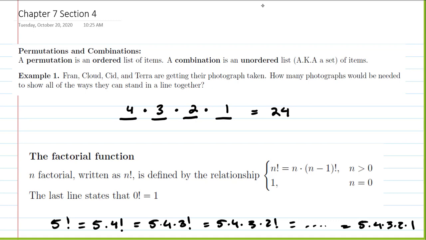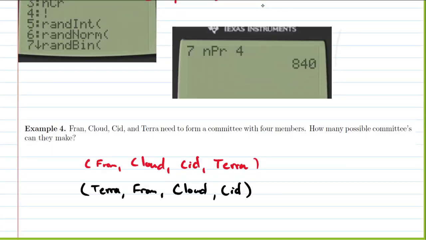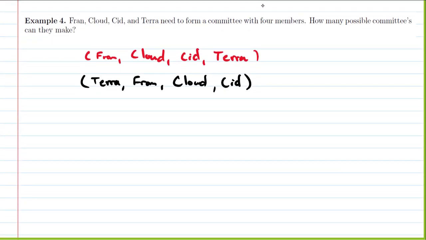So that's the essential difference between a permutation and a combination. Permutations, the order that the list is in matters. Combinations, the set of people is the same regardless of which order I write them down in. And since we're forming a committee, we only have one possible committee from those 4 people.